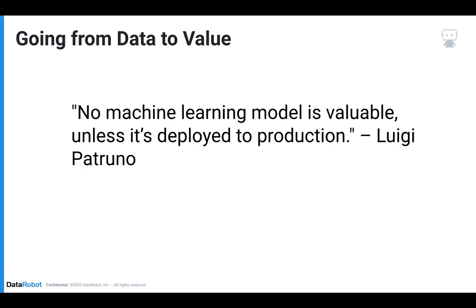This is one of my favorite sayings: your machine learning models only become valuable when you actually deploy them. I see this in lots of organizations where data scientists build machine learning models. Maybe they're doing R&D work, but the work is moving them off those laptops and getting them deployed.